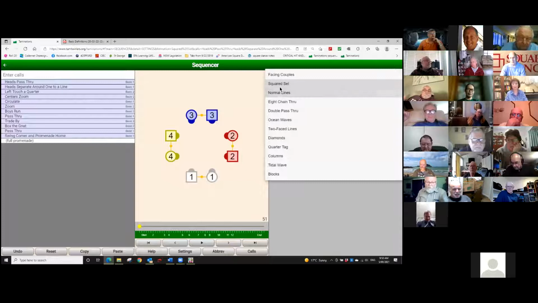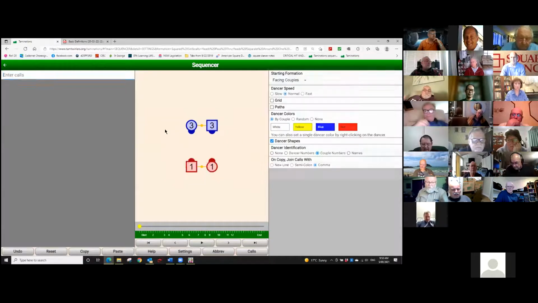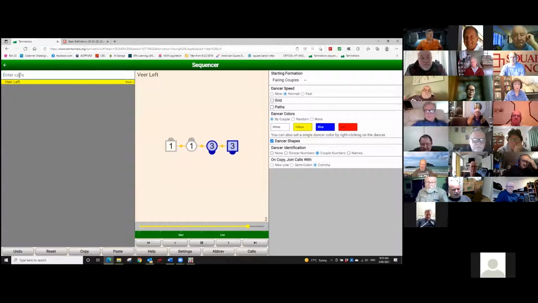But if I look at, for instance, I'll just take a facing couple here. I think we see some dancers often backing up a little bit because they're trying to give other people room, maybe. If I have the center dancers just do a U-turn back, so I'll have the girls turn back. No. You have to have them take a step forward first.